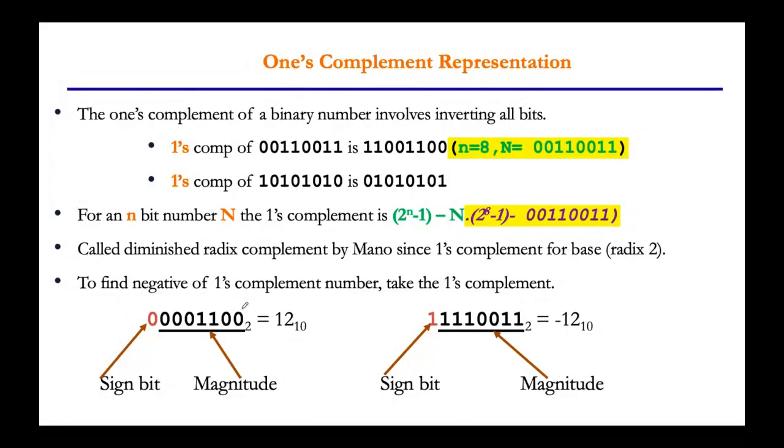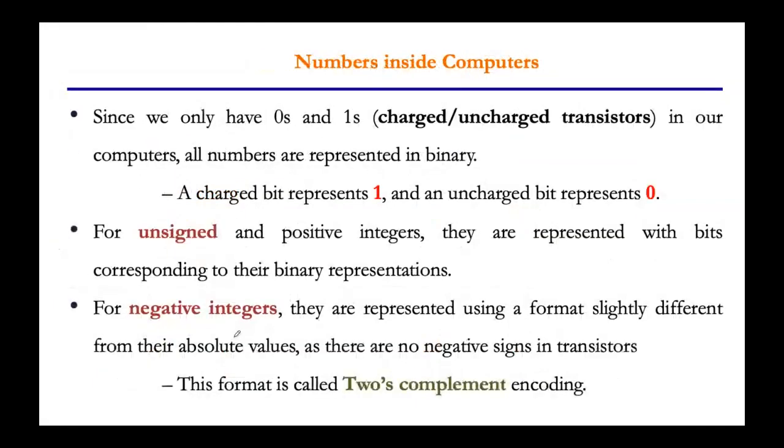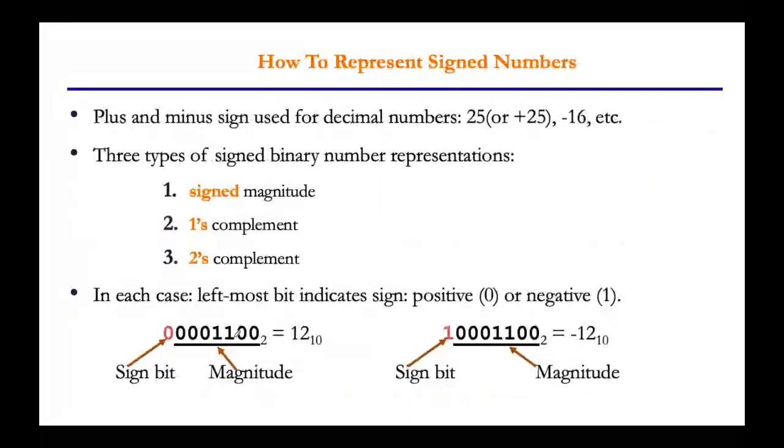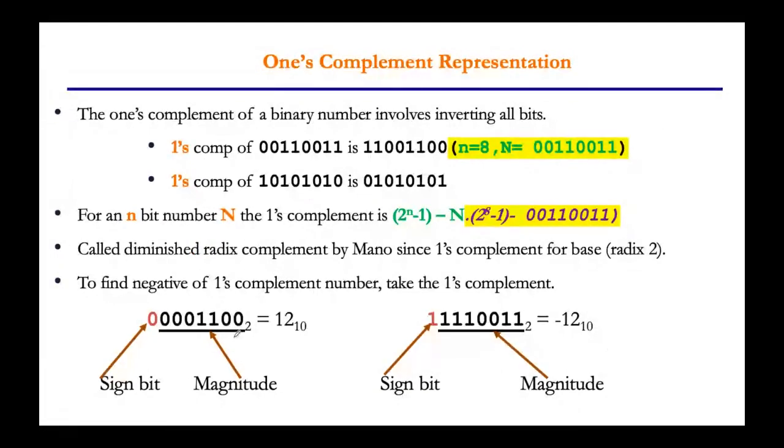To find the negative of a ones complement number, take the ones complement. The ones complement representation of a positive number is like signed magnitude: the sign bit is 0, and for this decimal number the binary form is 1100, so it is the same number only.